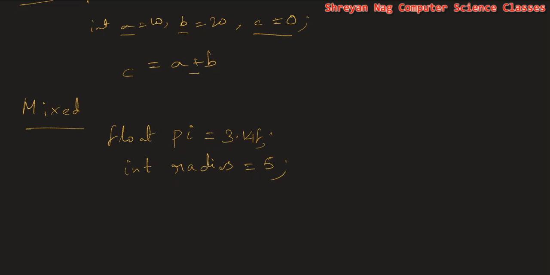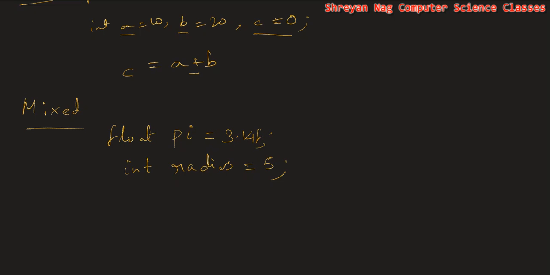Okay, now always remember that when choosing between the variables, you have to choose the higher one. So basically, you know that float is higher than int. That is why we will be choosing the variable where we will be storing this operation.